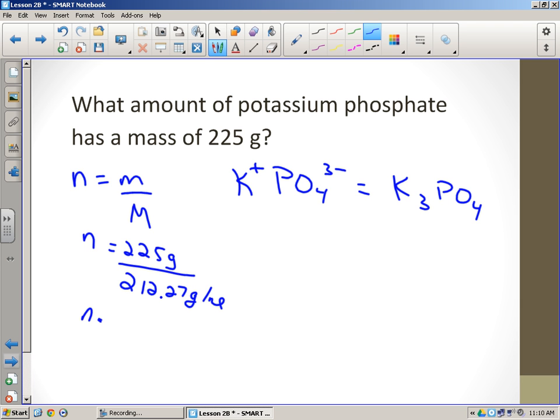And in this case here, we take, final answer would probably be about 1.06 moles. Okay, 1.06 moles. So that's how you could find the amount. It's up here, PO4.